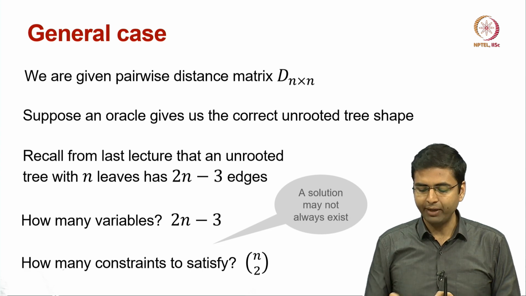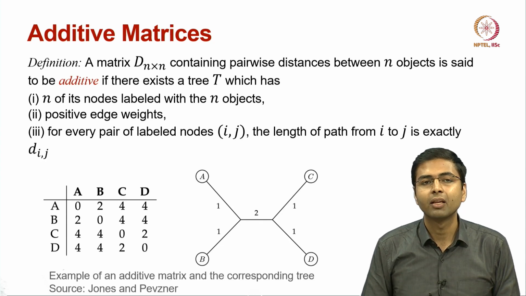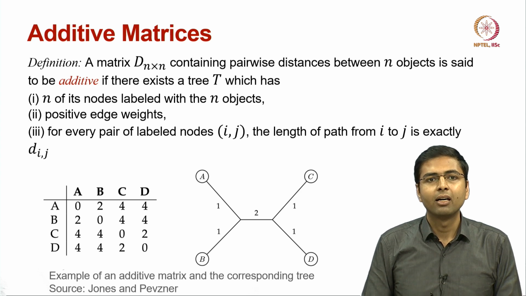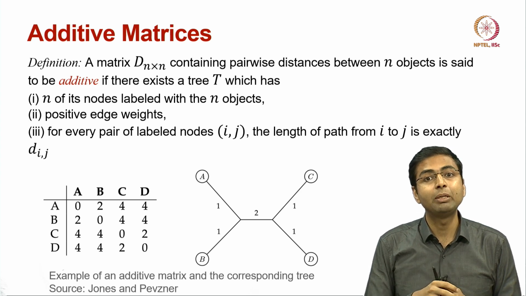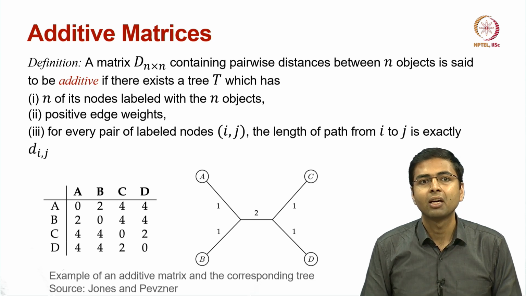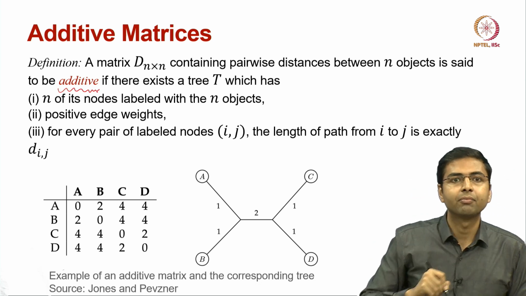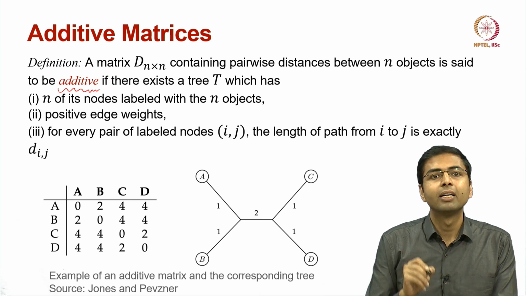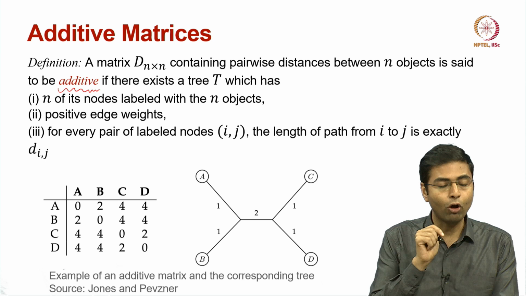So this motivates the definition of additive matrices. A matrix D containing pairwise distances between n objects is said to be additive if there exists a tree T which has the following 3 properties.